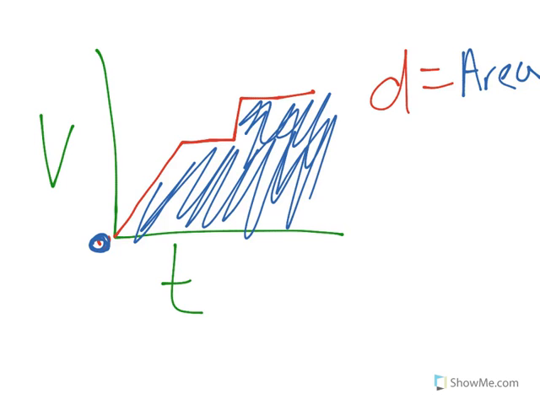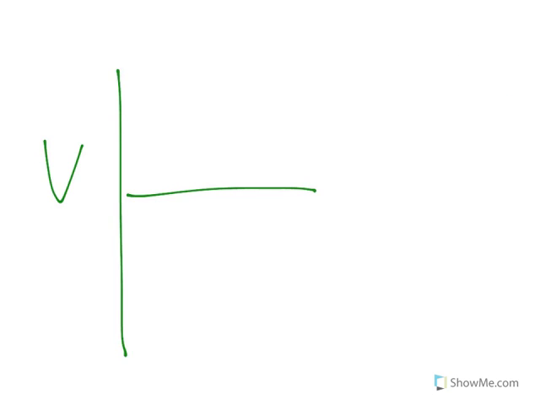What if instead of a graph where the velocity is always positive, what if you had a graph where velocity was negative? Okay, so our velocity was positive and negative. So it starts off here and it goes down. All right, so it starts here and it goes down.